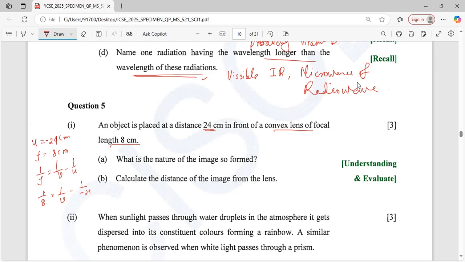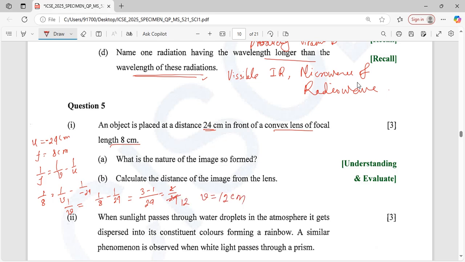So 1 by V equals 1 by 8 minus 1 by 24, which is 3 minus 1, 2 by 24, and we get V equal to 12 centimeter.